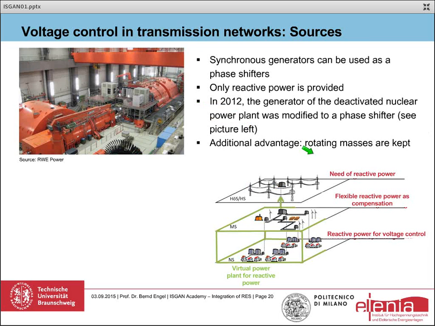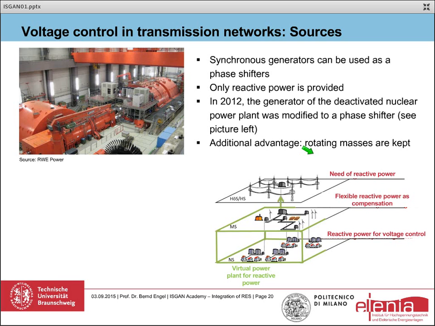What can be sources of this reactive power? Of course, conventional power plants. In Germany, we have the special case that one synchronous generator, one synchronous alternator in a nuclear power plant, which is not working anymore, was used.